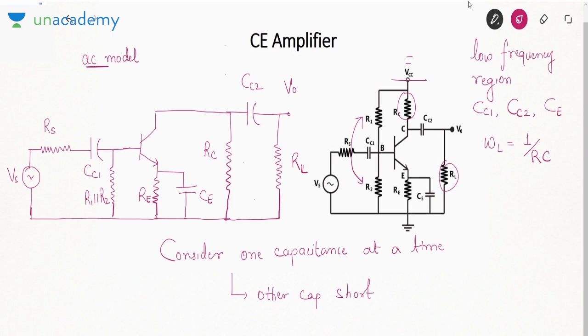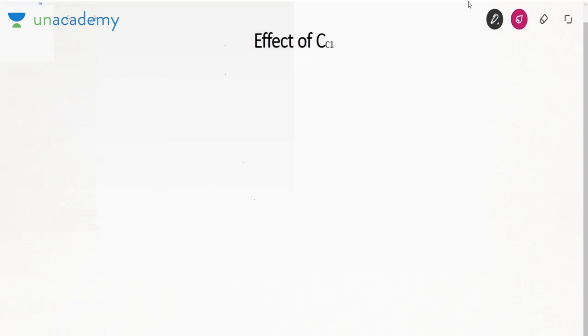Okay, other capacitances you have to consider as short circuit. This much is fine. Now see, what will happen is, first of all we are considering the effect of CC1. That means this CE will be short, CC2 will also be short. If CE is short, this RE becomes short, and ammeter gets connected to ground.